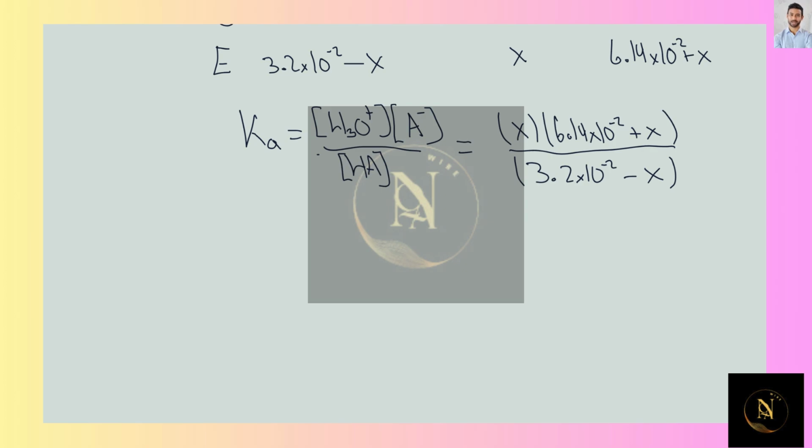So now we only need to find the value for Ka, but since we are given the pKa for our reaction, that is 4.55, that means that Ka will be 10 to the minus 4.55. Thus our equation becomes 10 to the minus 4.55 equals that expression. And here we have two options.